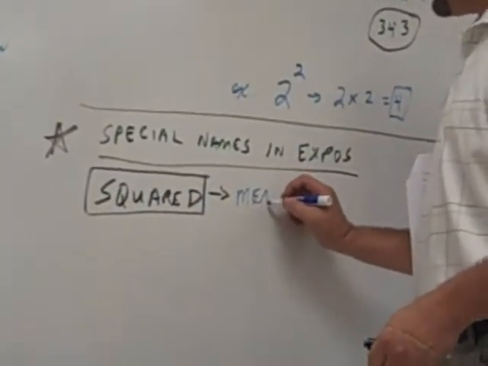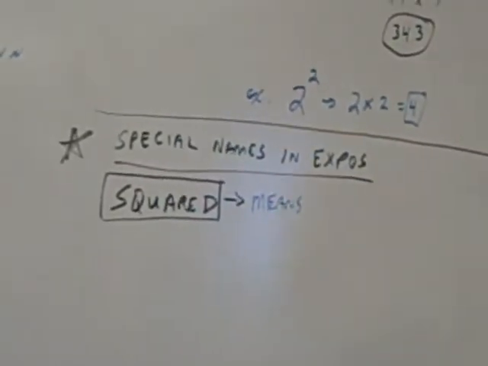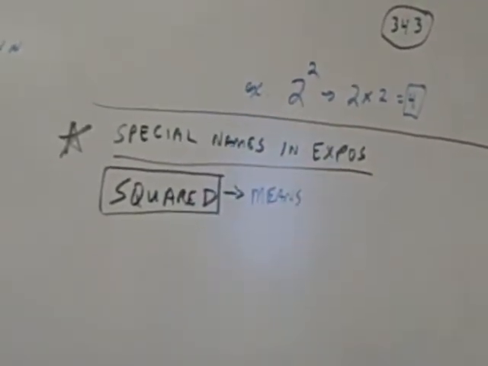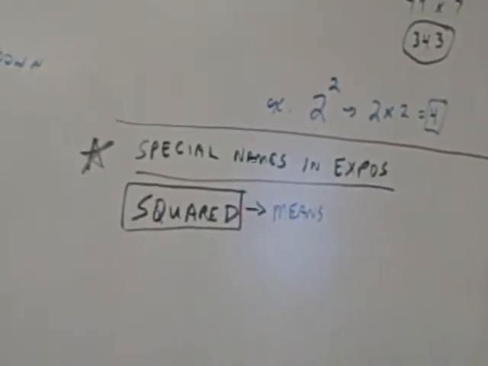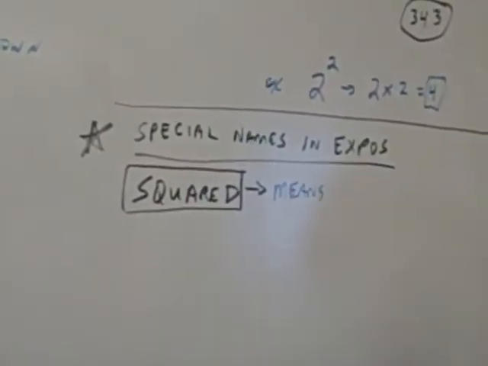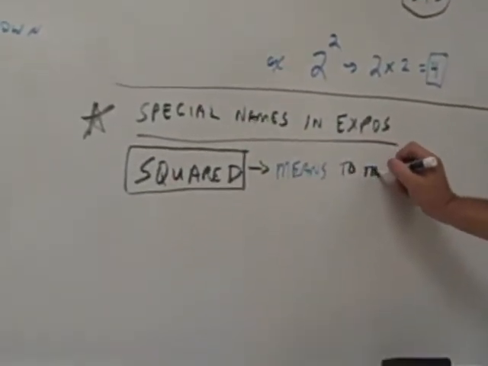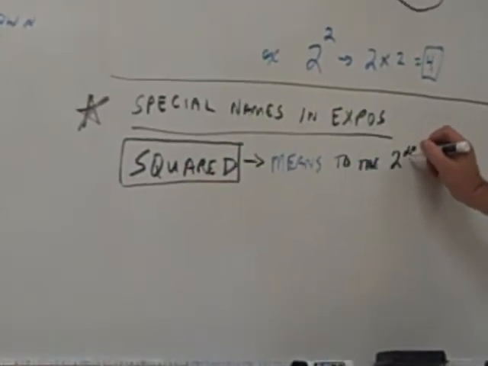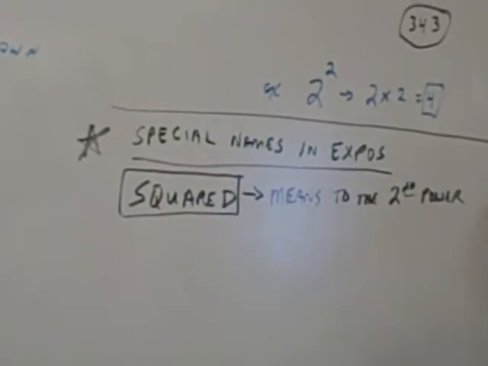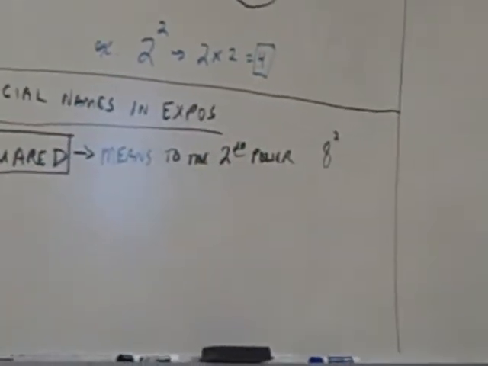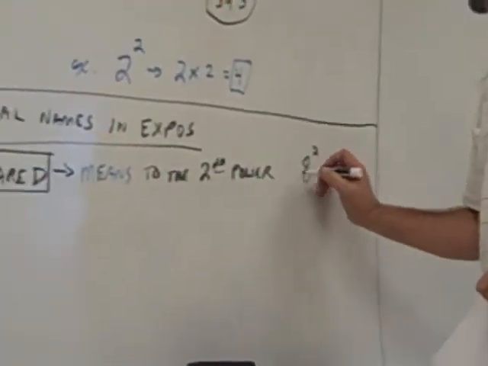Squared simply means, it's nothing hard, y'all. It's just another name for it. Remember, sometimes we call Ty, sometimes we call him Watson. Two different names, but it still means the same thing, right? So squared simply means to the second power.